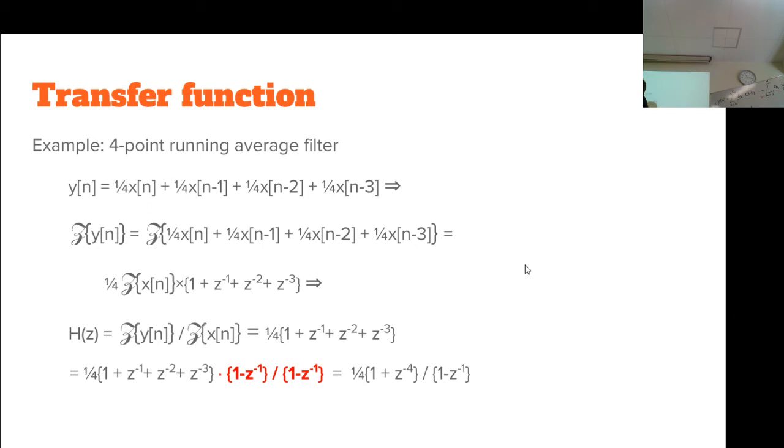Then you can make a trick. Remember the other way of calculating the 4-point running average. If you multiply that part with 1 minus z to the minus 1, and also divide, so basically you're multiplying the whole thing by 1.